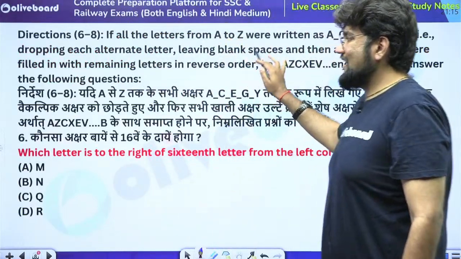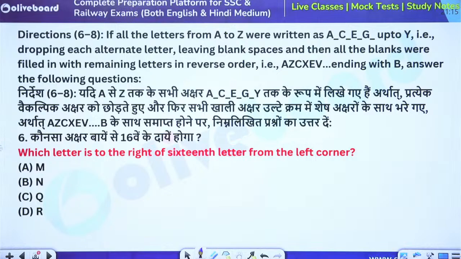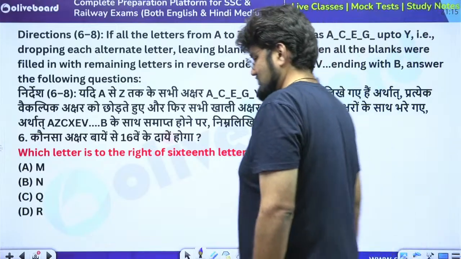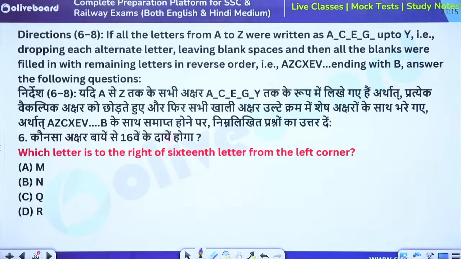Now next, from 6 to 8, again we have another set of letters. Now what are the directions here?